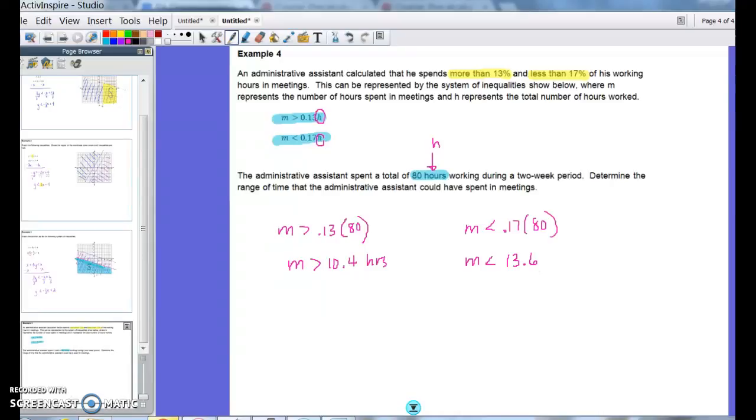So basically what we're saying is this. It's greater than 10.4, but less than 13.6. So we can say that the administrative assistant spent more than 10.4 hours and less than 13.6 hours in meetings, or you could say they spent between 10.4 and 13.6 hours in meetings.